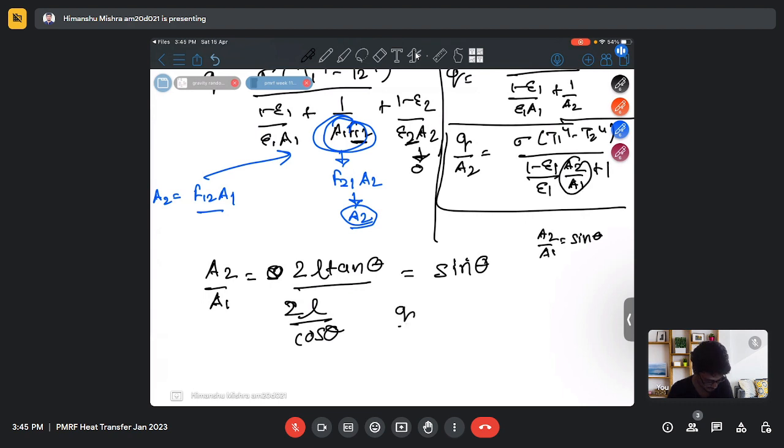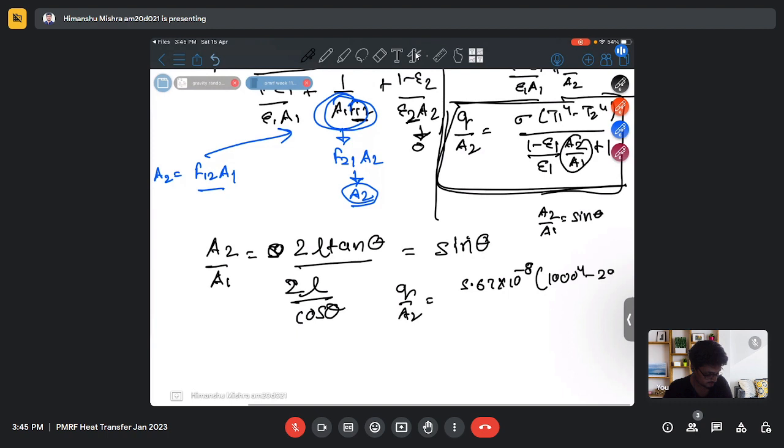So my Q by A2 will be, I'm just putting the values in this expression. 1000 Kelvin, and the ambient temperature I considered as 293, and my emissivity is 0.6 multiplied by sin 20 degrees, plus 1.